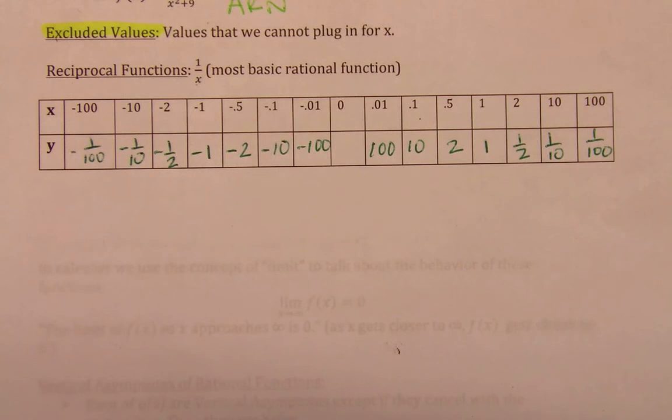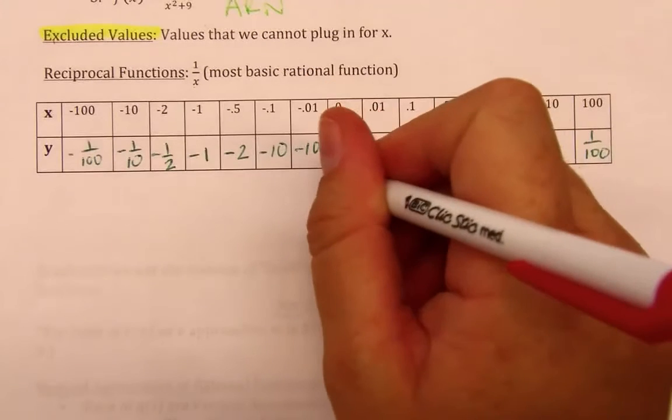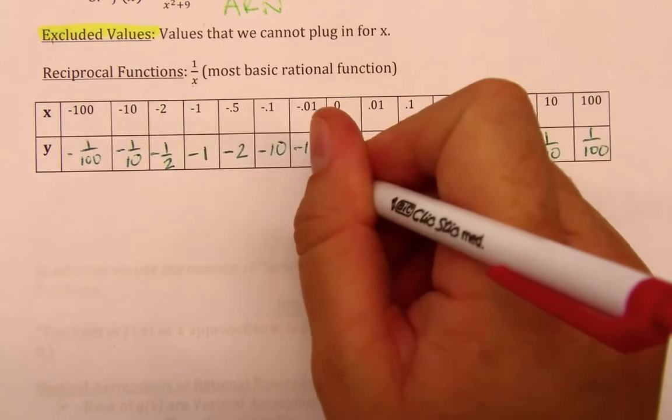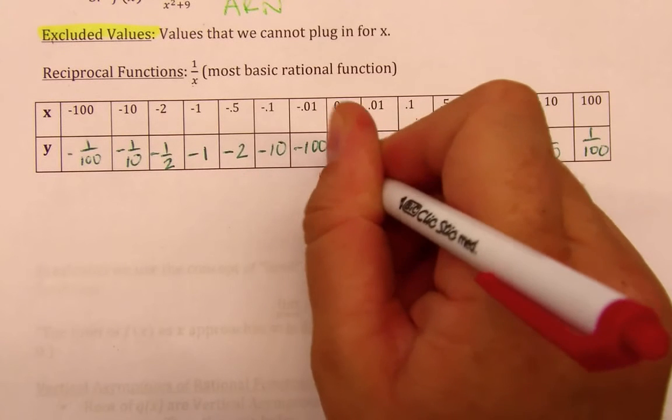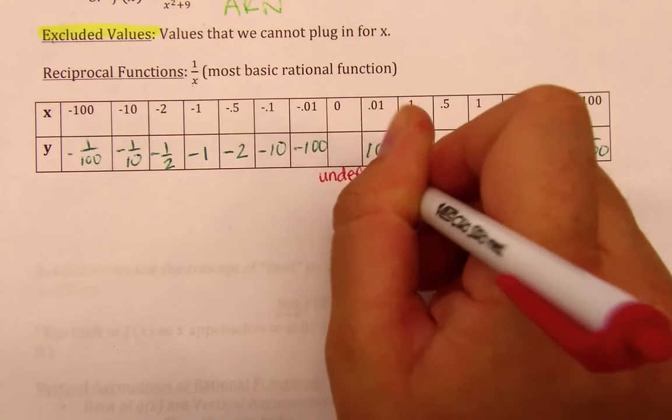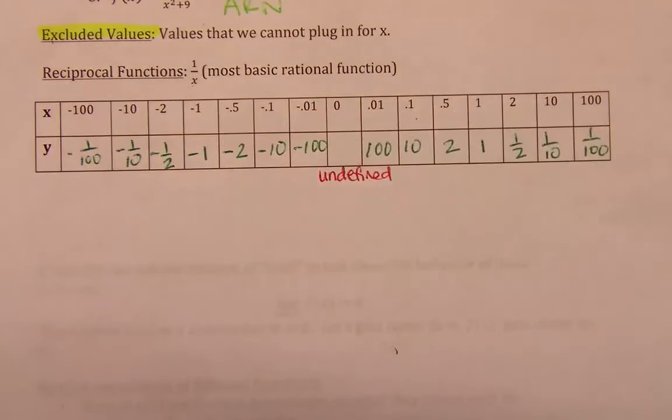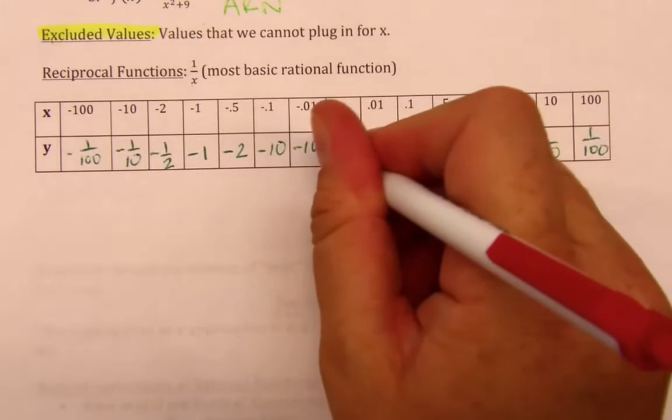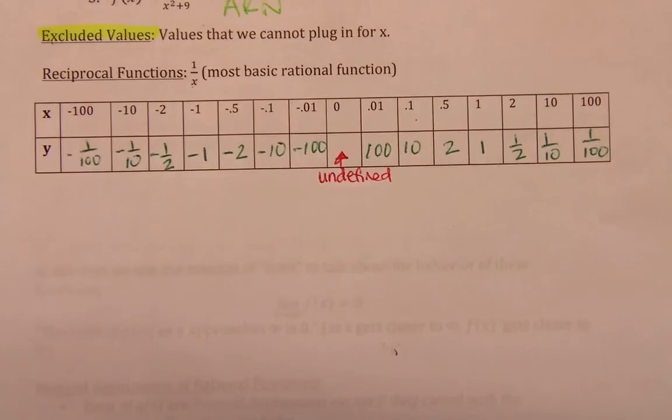There will never be a point in math where all of a sudden we can divide by 0. So this is undefined here, and that's what we'll say happens at 0, that the function is undefined there.